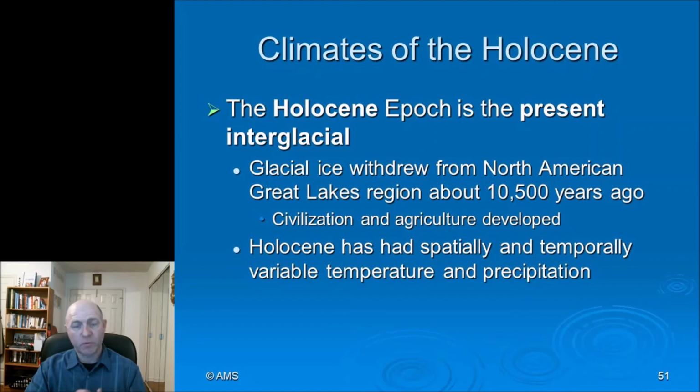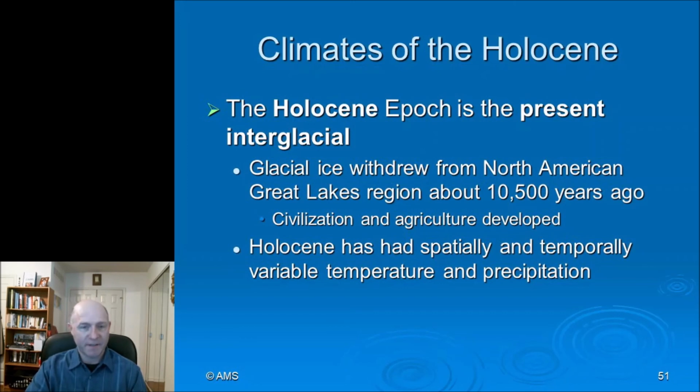Glacial ice is withdrawing from North America. It leaves the Great Lakes behind. So you start having a climate that is more consistently warm during the summer because your glaciers are going away. So agriculture starts to develop. You're not in a hunter-gatherer situation anymore. You can start planting crops and you can feed more people and you can develop civilization.